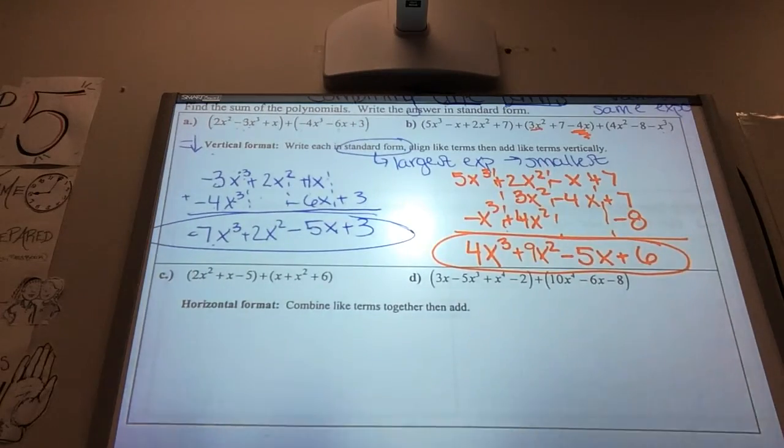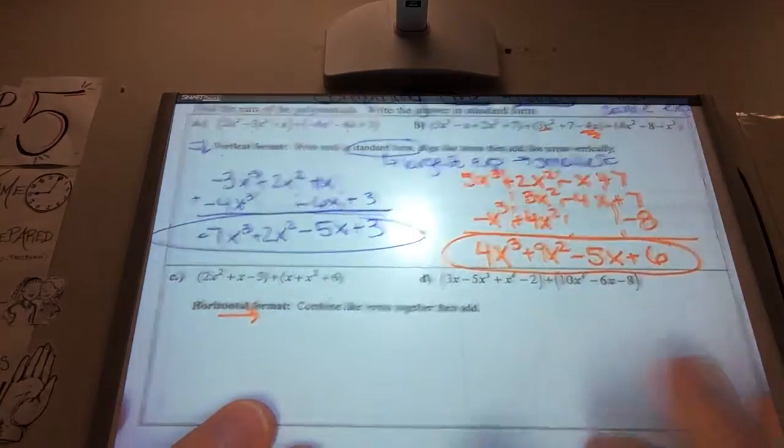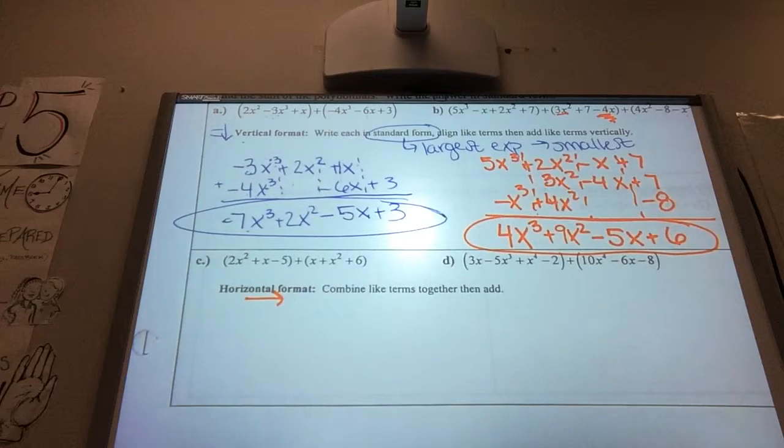So another way that we can do this is horizontal format. So horizontal means I'm just going to go left to right. So just watch, and I'll give you a chance to write because you haven't seen it before.